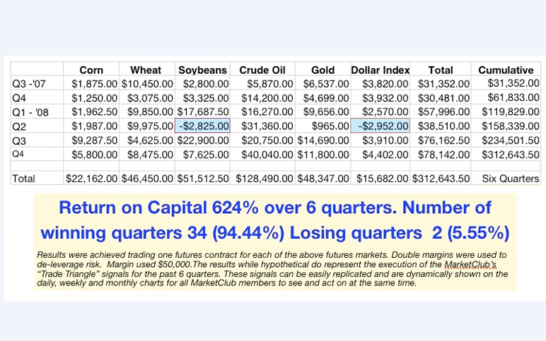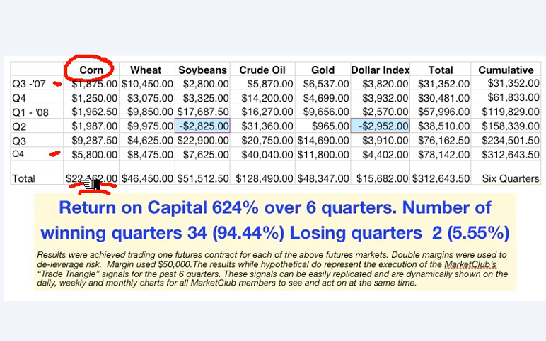Okay, what we're actually looking at right now are the actual quarters, and how this works is very simple. You can see the corn right here. You can go down in Q3 of '07 all the way down to Q4 of '08, and you can see basically how we did each quarter. Obviously in Q3 we had a monster quarter in corn, and we also had a great quarter in Q4, and this is the total.